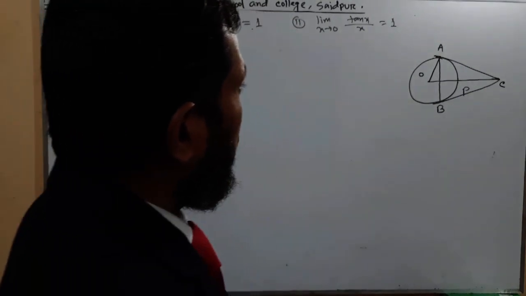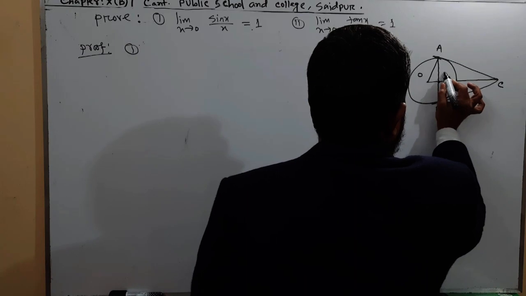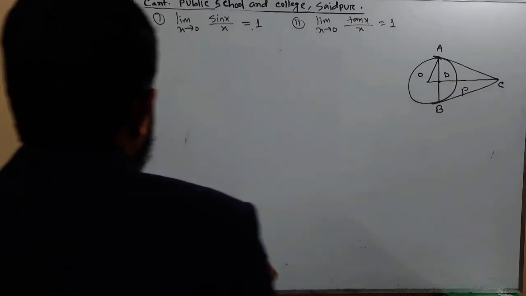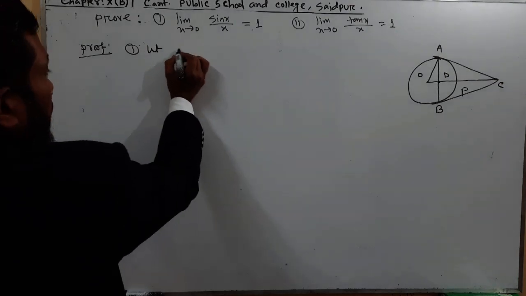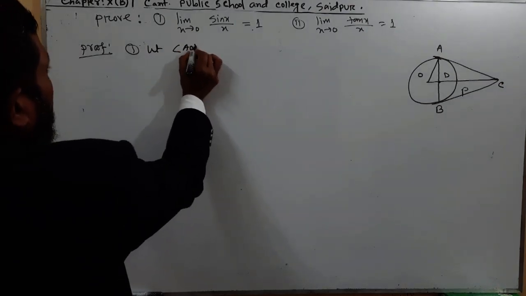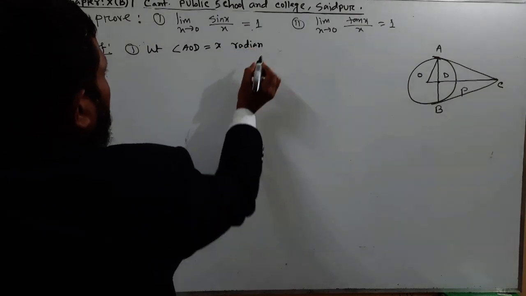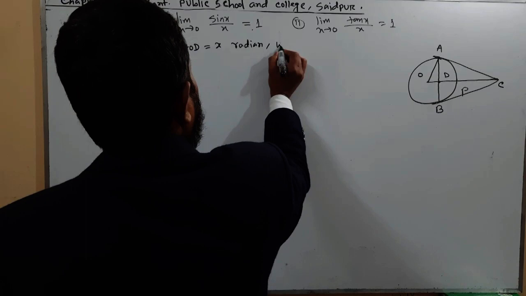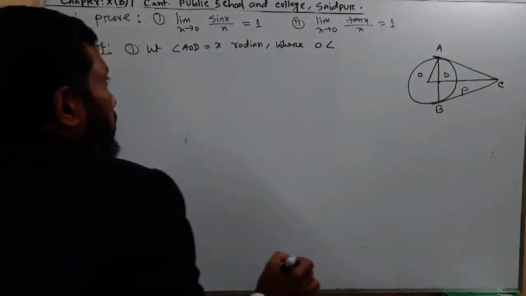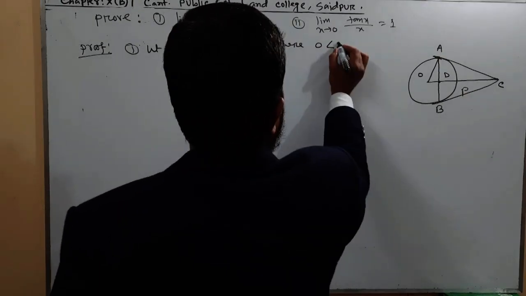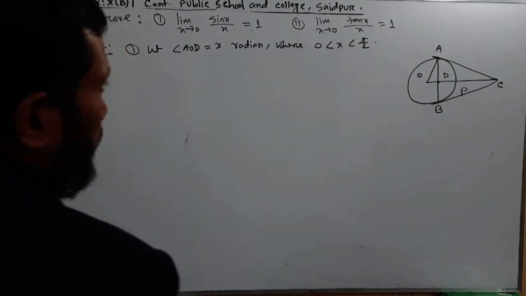If we add OA, let angle AOD be equal to x radian, where the value of x is greater than 0 and less than pi by 2.